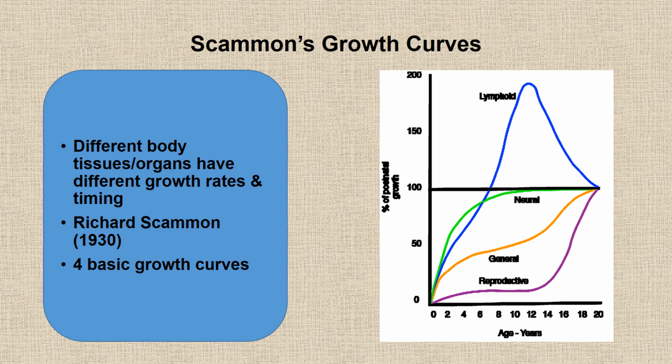Now, Scammon's growth curves. Different body tissues and organs have different growth rates and timing. And in 1930, Richard Scammon came up with four basic growth rates, which are the lymphoid, neural, general, and reproductive curves.